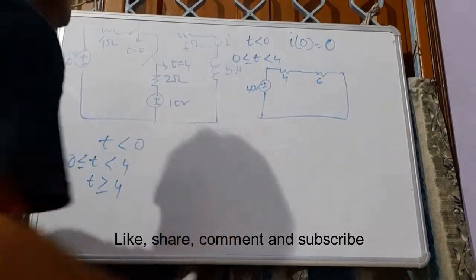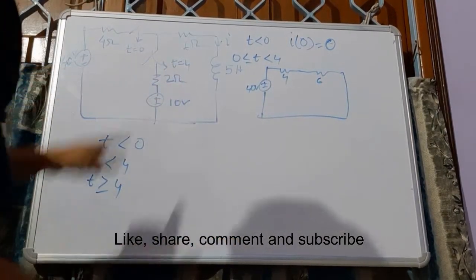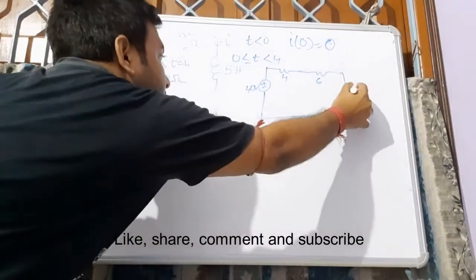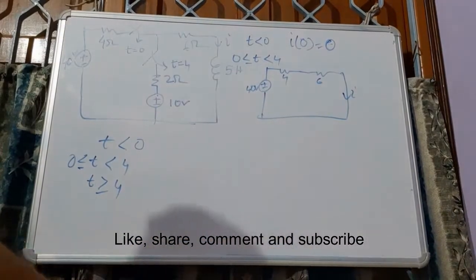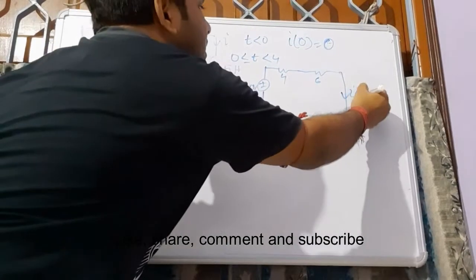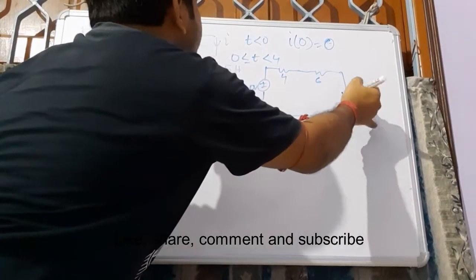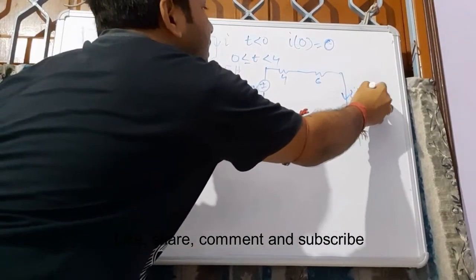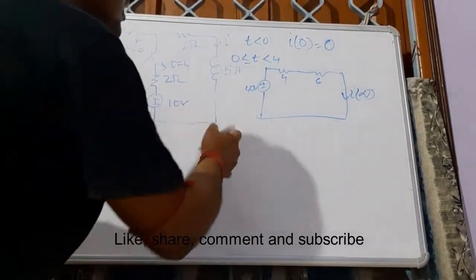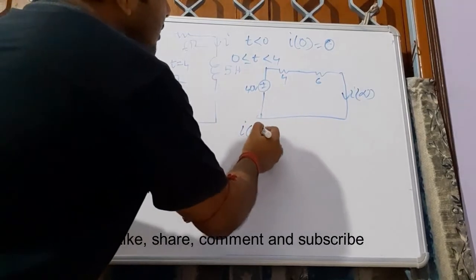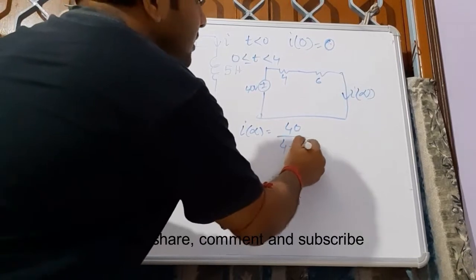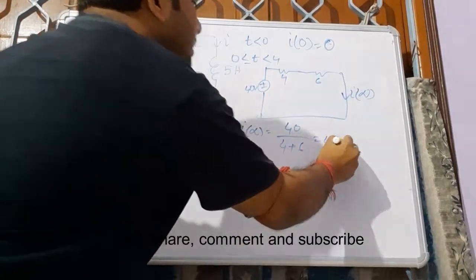This switch is not connected yet, and the inductor is short circuited, and this is I. Now this I can be considered as I infinite, the steady state value. So here I infinite will be 40 divided by 4 plus 6, equals 4 ampere.